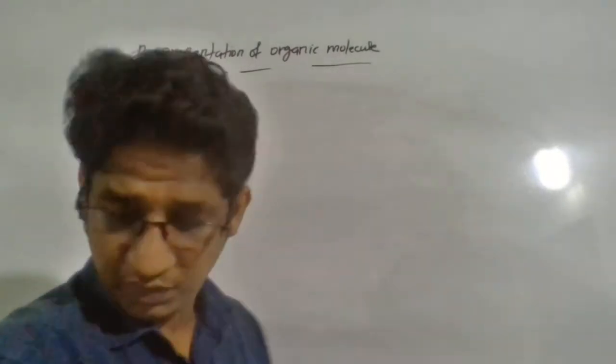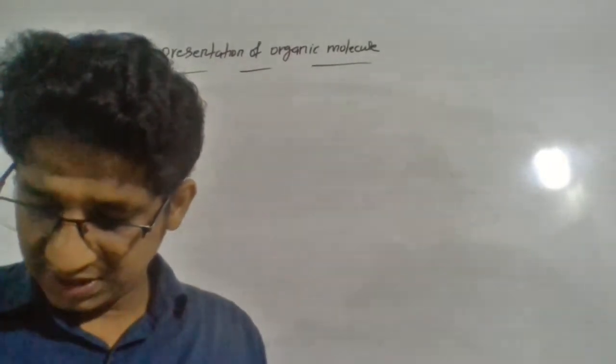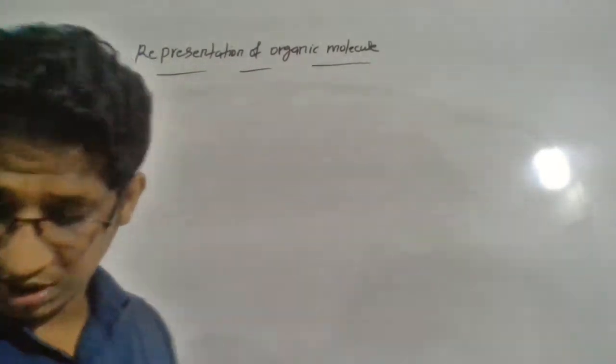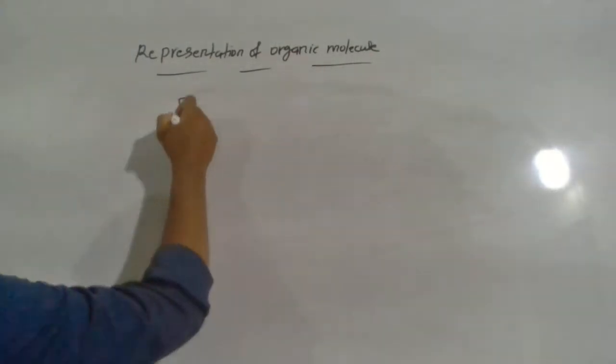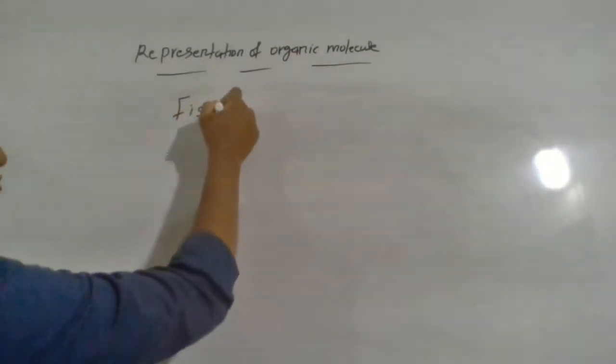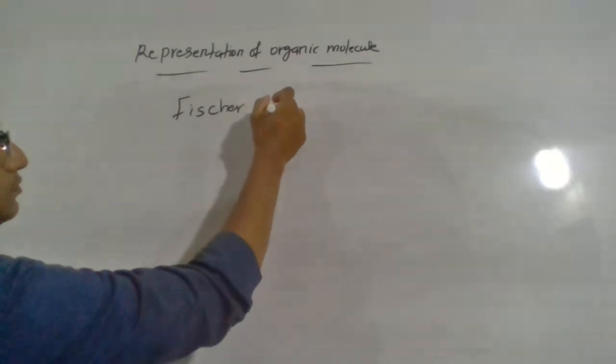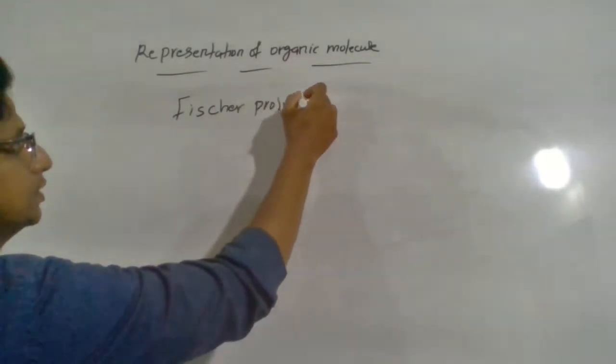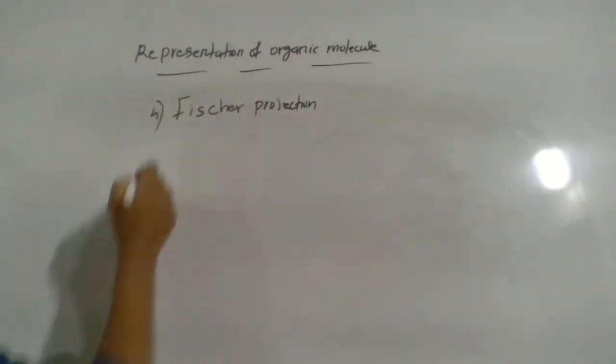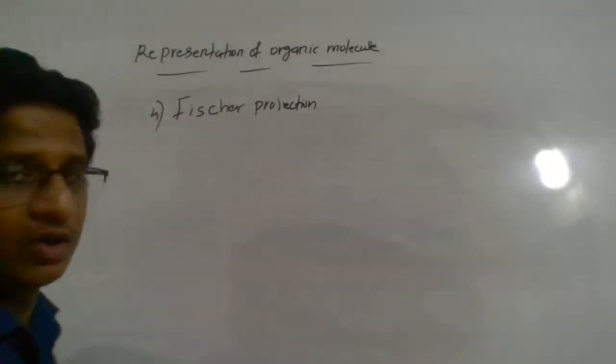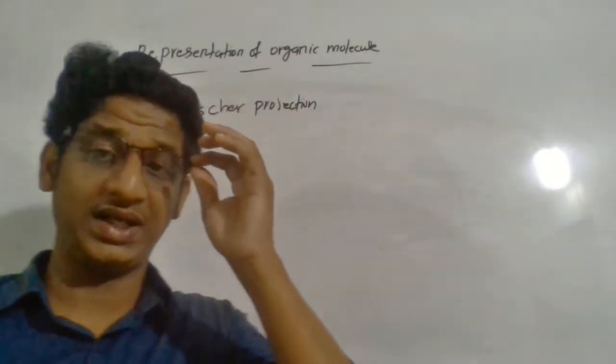Now, there is one more representation that we call the Fischer projection. Remember, this is the fourth one. We are not discussing it now because it is more related to optical isomers.